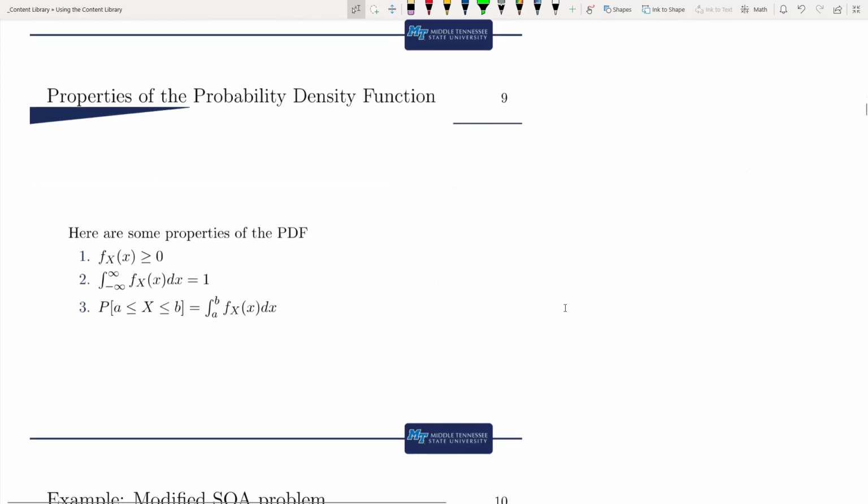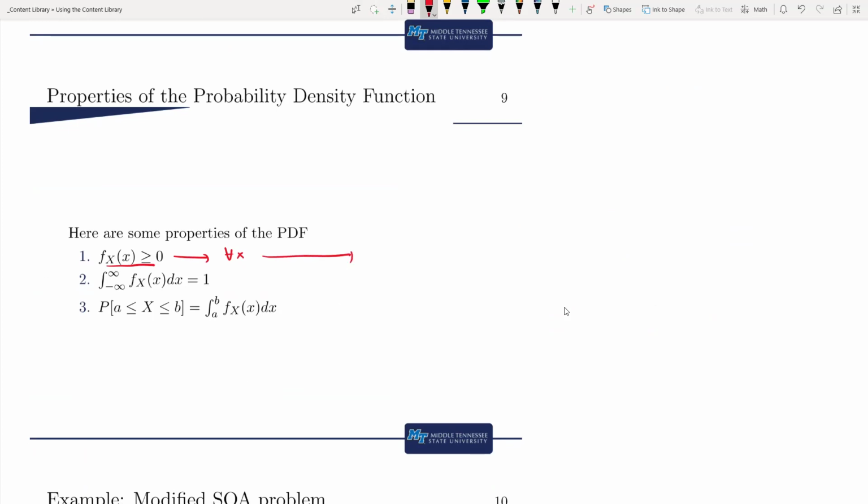So here I listed a few properties of the probability density function. One thing, it is non-negative, and this is for all x. So at some point, it can be 0.